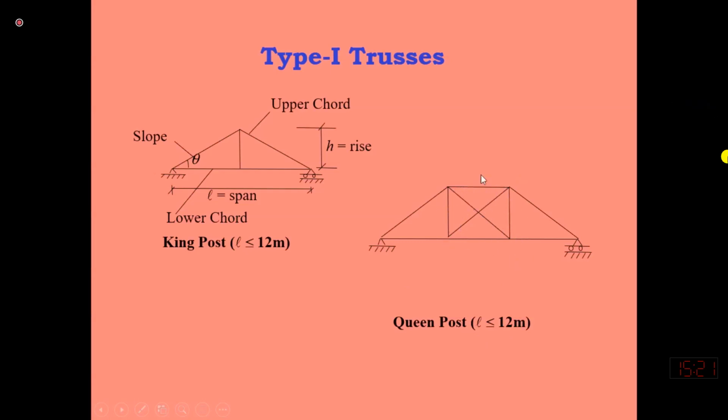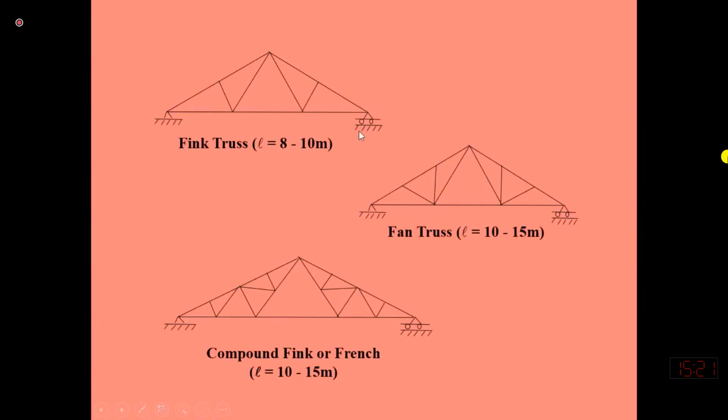So these are different types of type 1 truss. This is just configuration. Names are given with reference to the arrangement of interior or diagonal members. This is a compound truss called French truss, or fan truss, because the distribution of the diagonal members is just like a fan.